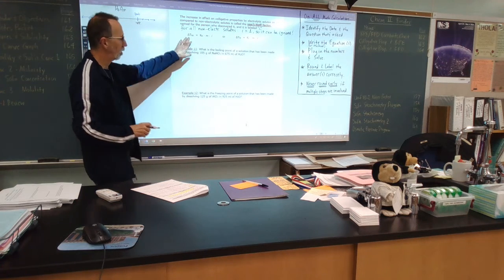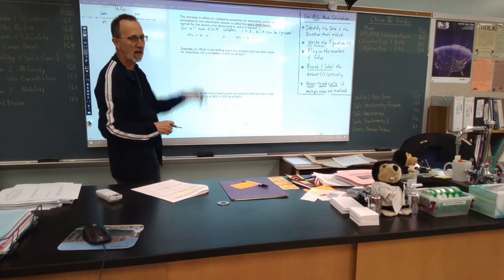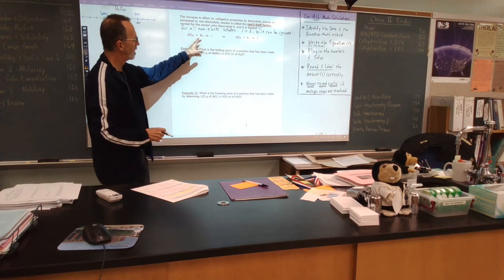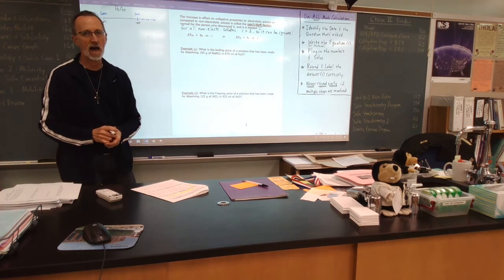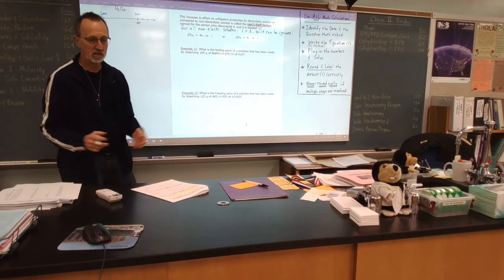So we look at our boiling point equation here. A change in boiling point was equal to Kb times m, but if you have an electrolyte, it's Kb times m times i. But if i is equal to 1, like I said, if it's a non-electrolyte, it can be ignored.